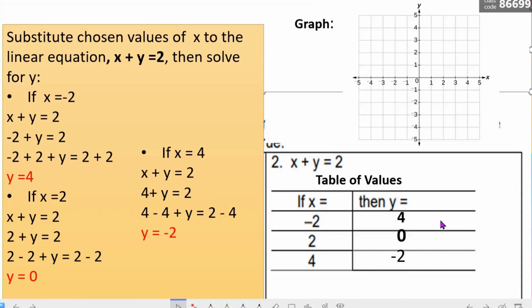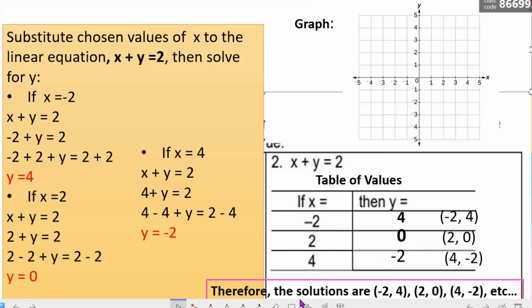Now, you can write the ordered pairs representing each point in here that we will be graphing on the line. -2, 4. Here is 2, 0. Here is 4, -2. All of these are solutions to the equation x plus y equals 2. And many more.